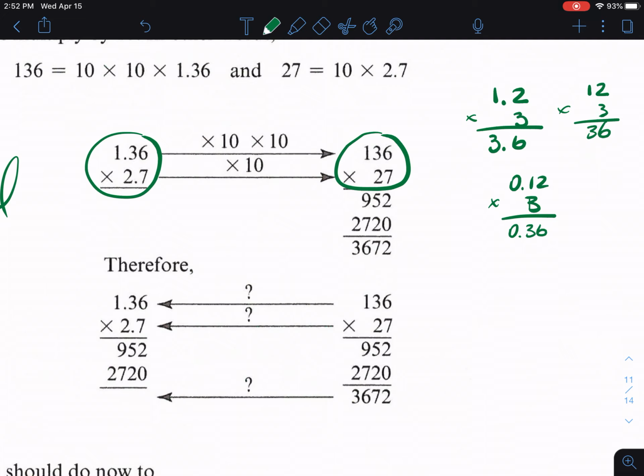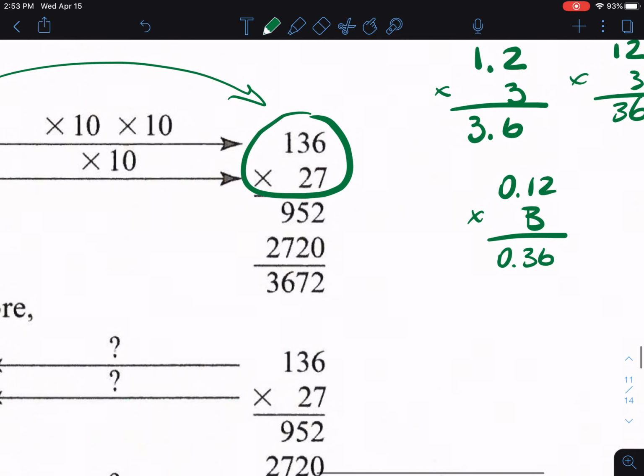So when we change from 1.36 to 136, what we're really doing is multiplying by 10 twice. Multiplying by 10 once gets us 13.6, and multiplying by 10 again gets us 136. And for 2.7, to get to 27, we need to multiply by 10 as well. Now we're in the clear, we have no decimals at all.